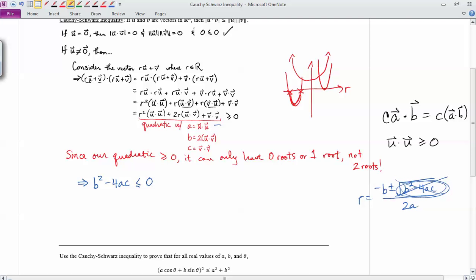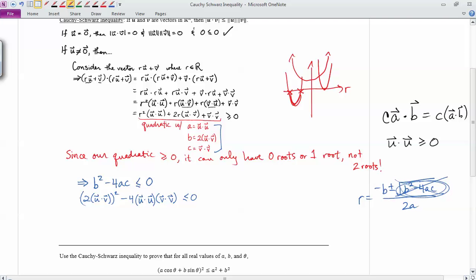So let's take our a, b, and c and plug those into the discriminant and set it so that it's less than or equal to 0. So if we do that, we've got 2 u dot v all squared minus 4 u dot u is a, and then c is v dot v, is less than or equal to 0.